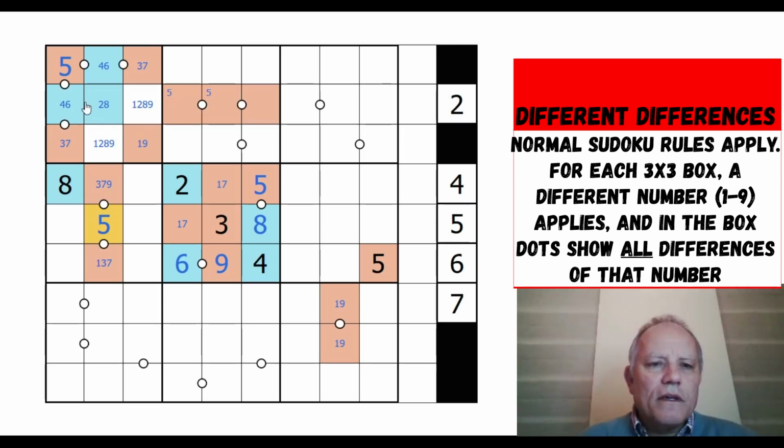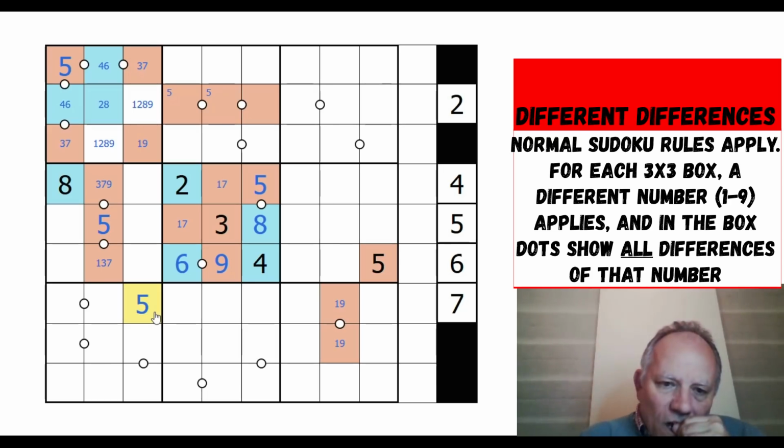Look, 5's appearing in column 1 and 2. How could 5 go in here with a difference of 5, 6 or 7? It couldn't, because it would have to go with a number higher than 9 or lower than 1. So 5 goes in here. That's right.